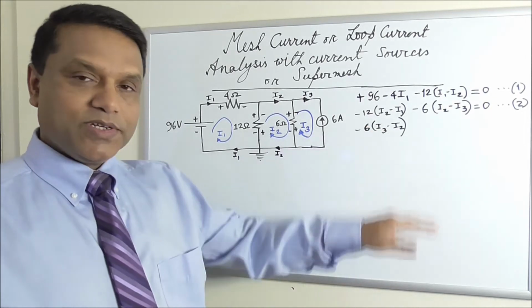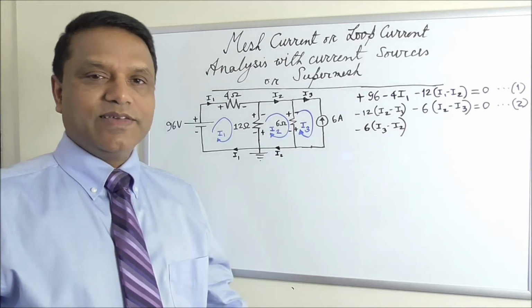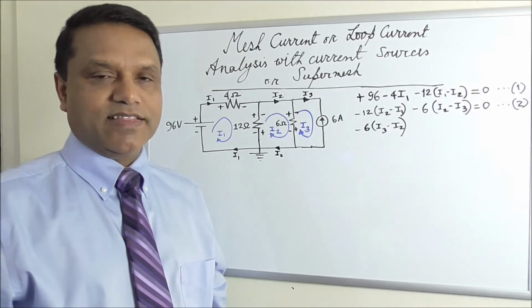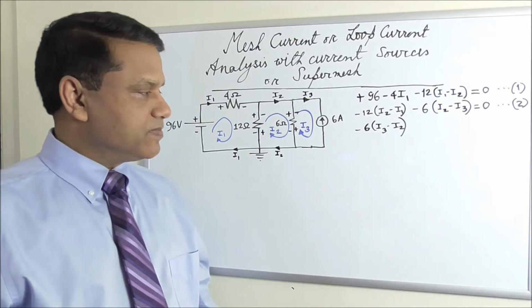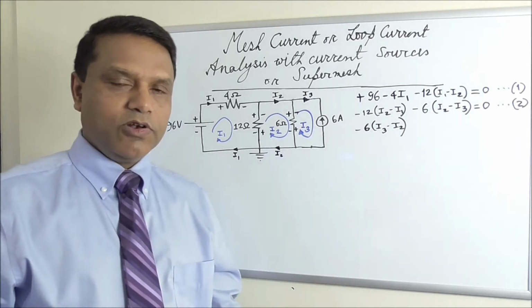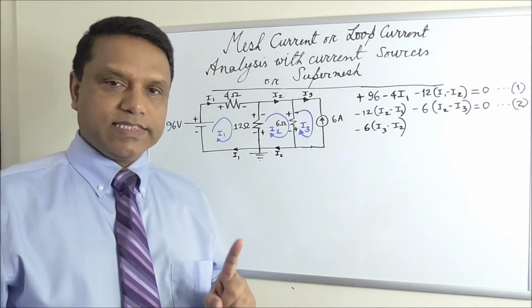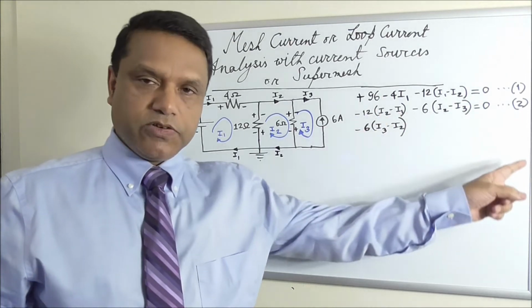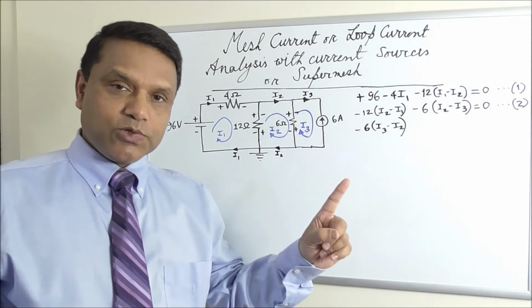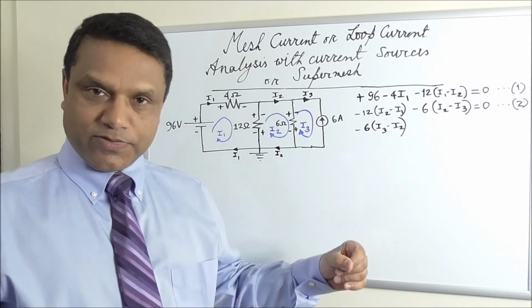We need another equation, but we do not have one. But actually, there is an even easier way to get the third equation. Wherever you see a current source, you will know you will get one less KVL equation. For example, for this current source, we are not getting this equation. But each current source will also give you a different, actually easier, equation.